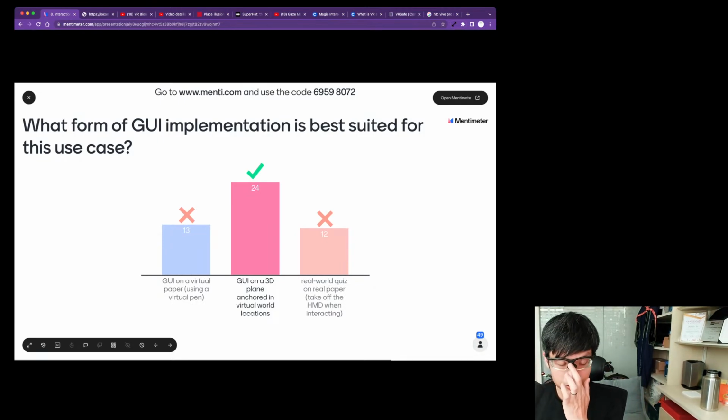So the three options are, first, GUI on virtual paper. That means in the VR experience, you have a virtual paper, then you use a virtual pen to write on it as your feedback. The second option is the GUI on a 3D plane anchored in a virtual world location. And the third option is take off the headset and then do the quiz.